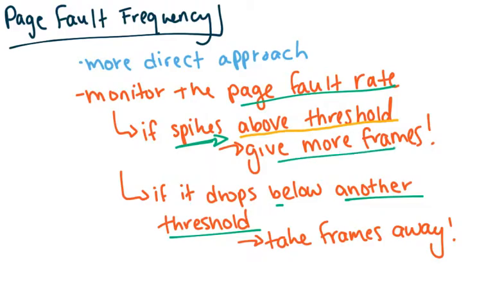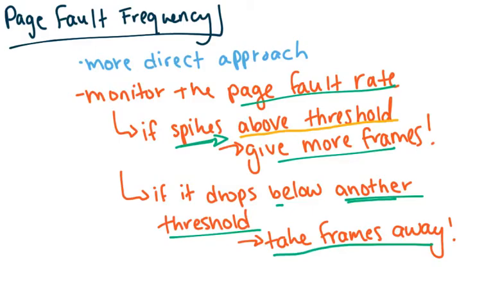So we give it more frames. Makes sense? And then if it drops below a different threshold, that means that it's happy, or it's idle, one of the two. And so we can take frames away and give them to other processes that are seeing spikes in their page fault frequency.